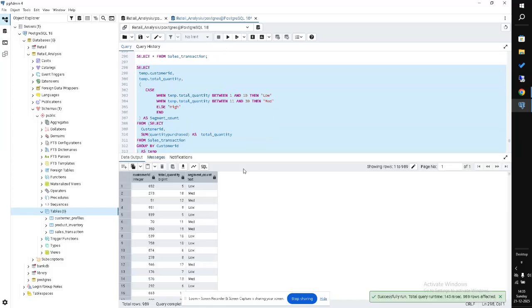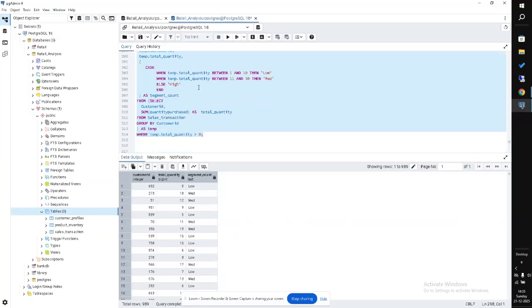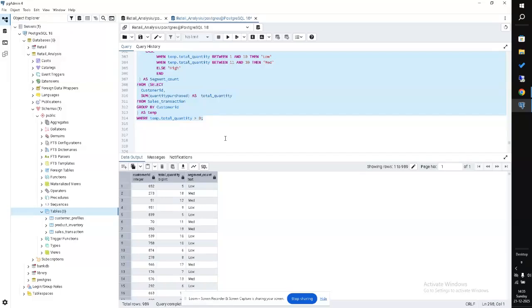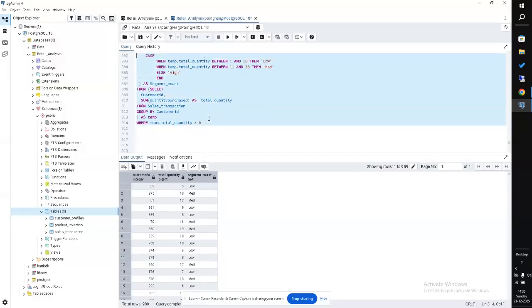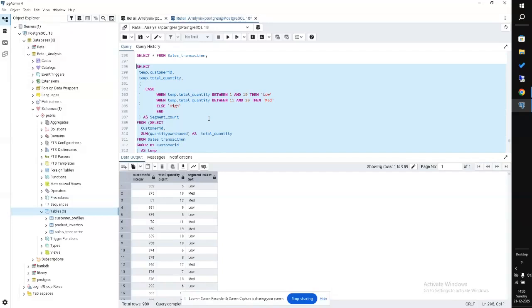Okay. Oh, nice. Yeah, we require that actually. Yes, correct. Now we group on the basis of the segment, so we make this table a CTE.